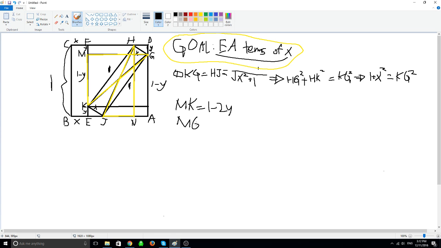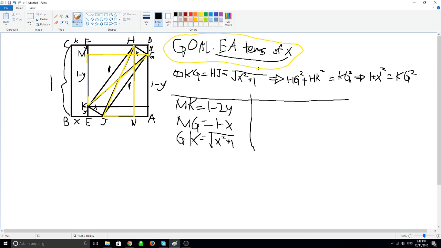We have MG equal to 1 minus x, and we have GK from what we derived at the top, equal to the square root of x squared plus 1. So that's the first triangle. Now we're going to separate this into another for the other triangle.